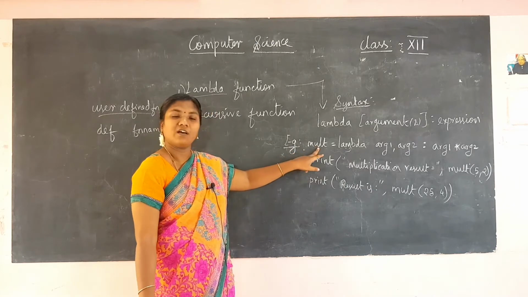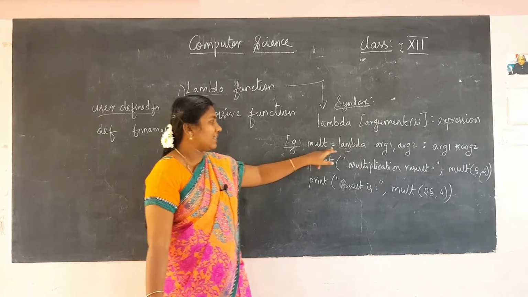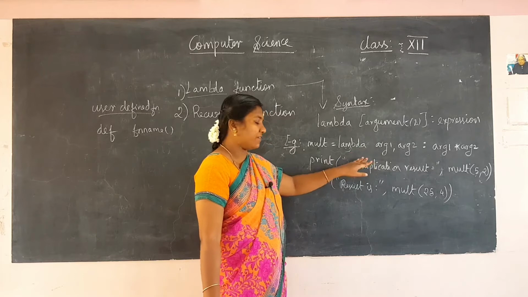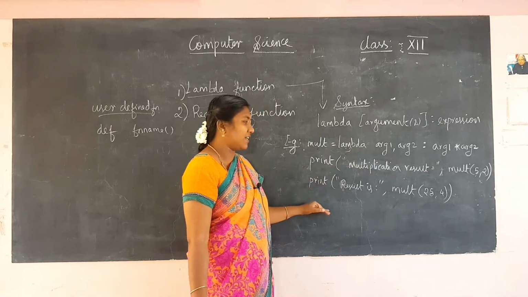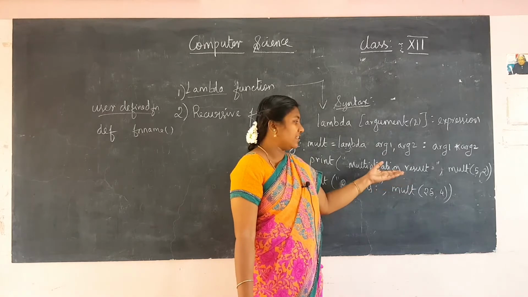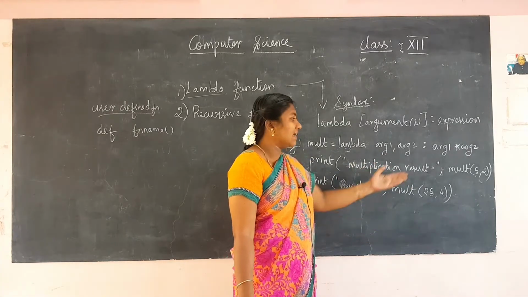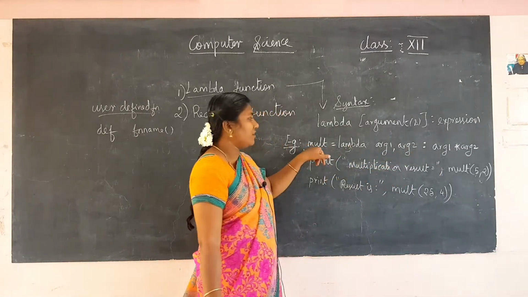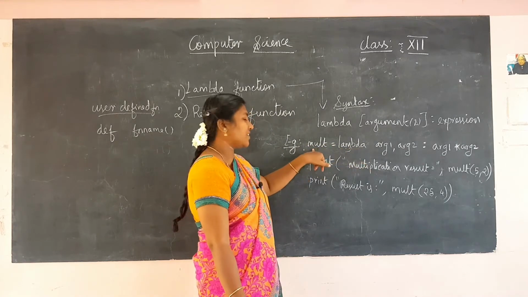First I have given a variable mult, in which I have created a lambda function, and then I am using two print statements. The first one prints the multiplication result. As it is within the quotes, it will be displayed as such, and then I give the variable to which the lambda function is assigned.